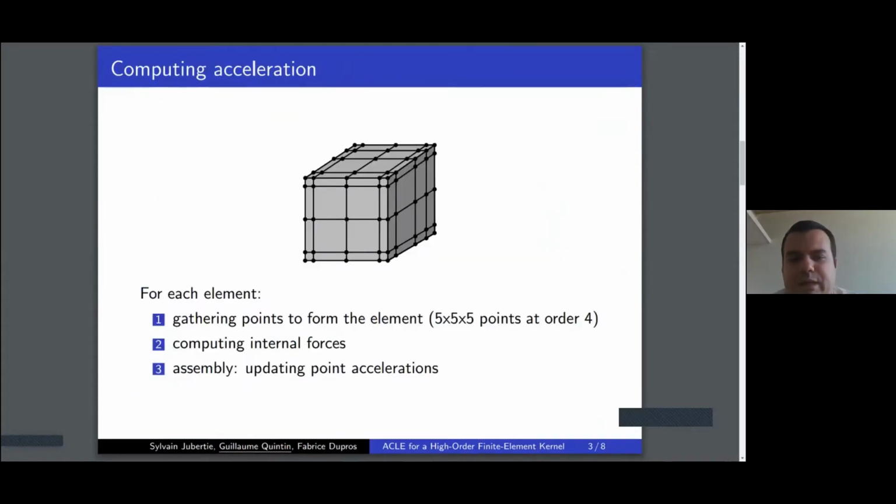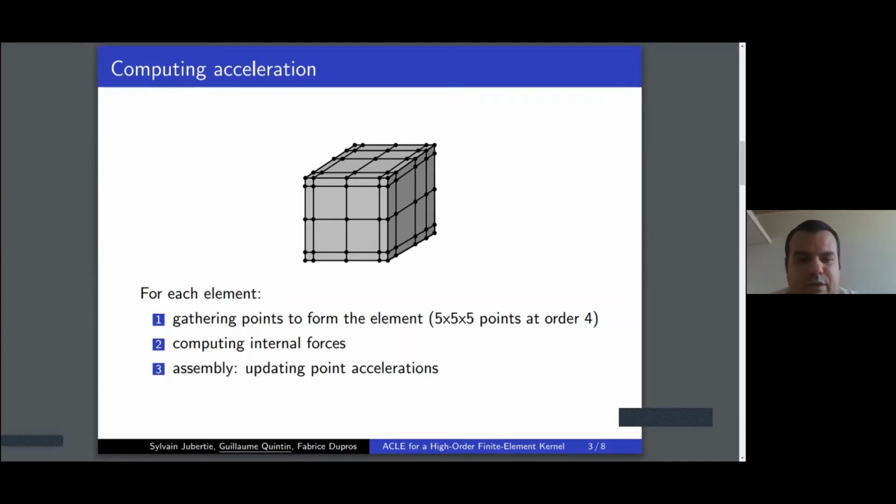Basically, the kernel works on elements, and for each element we have 5 by 5 by 5 points to treat. The kernel does three steps. The first is the gathering step, where we collect points from memory.